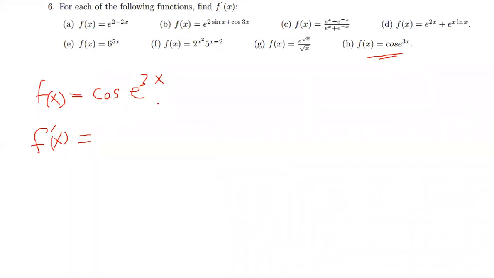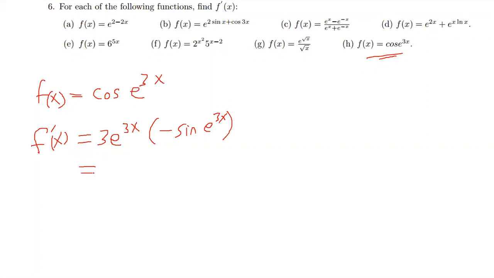So our theta is e to the power 3x. When you differentiate that, you get 3 e to the power 3x, and then you multiply it with the derivative of that trig ratio. The derivative of cos x, we know that it's negative sine x. So our theta there is just e to the power 3x.